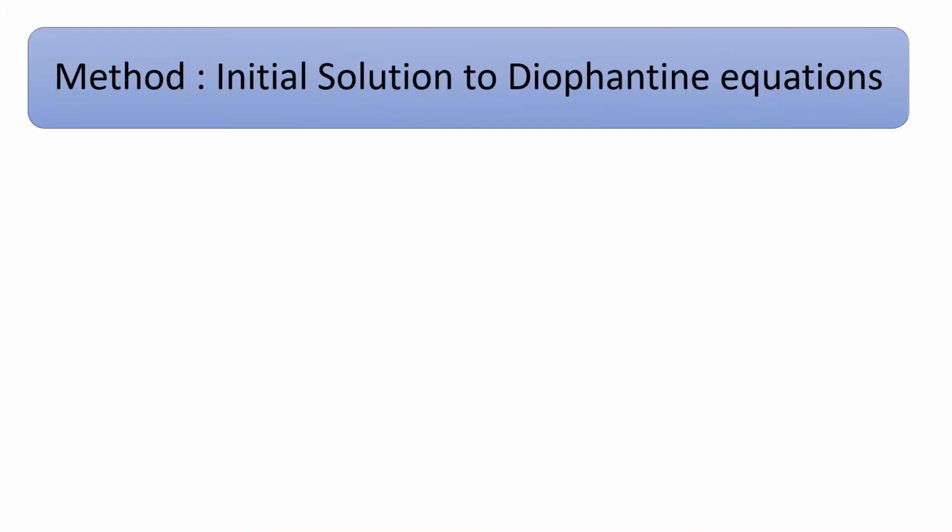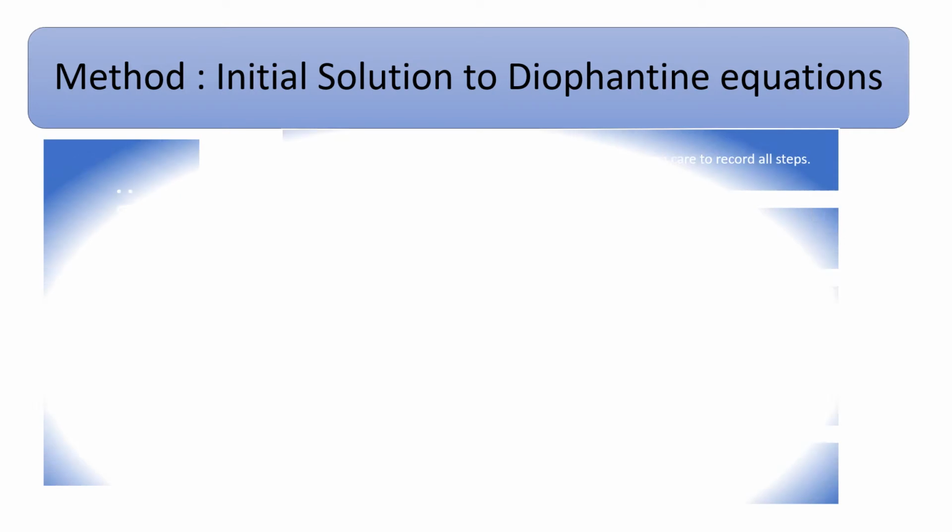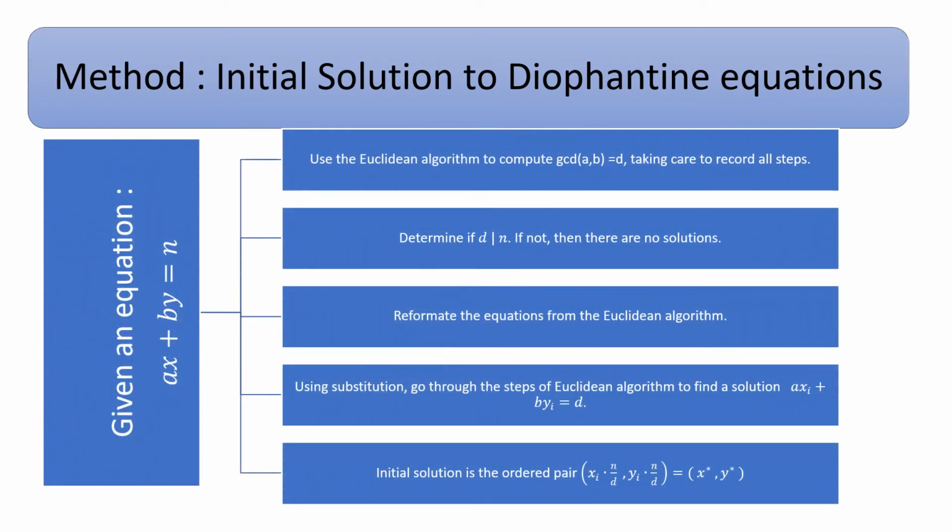Now, in order to find the solution for a Diophantine equation, there are various steps. If an equation ax plus by equal to n is given, then we have to use the Euclidean algorithm to find the GCD of the two numbers a and b, and let that GCD be d. If d divides n, then it has a solution. If d does not divide n, it has no solution at all.